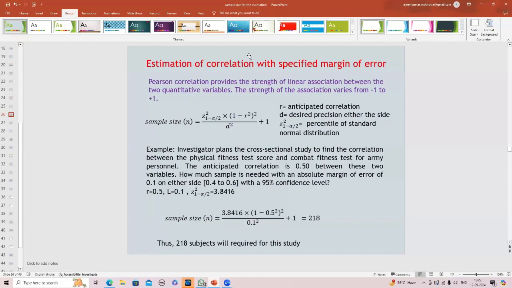Sir, if you know the total population size, is it mandatory to go for the finite population correction? No, yesterday I told that if the finite population is less than 10,000 or 5,000, then you go for the finite population correction. Otherwise, if your study target population is greater than 10,000, there is no need, there is not much gain in calculating the sample size.